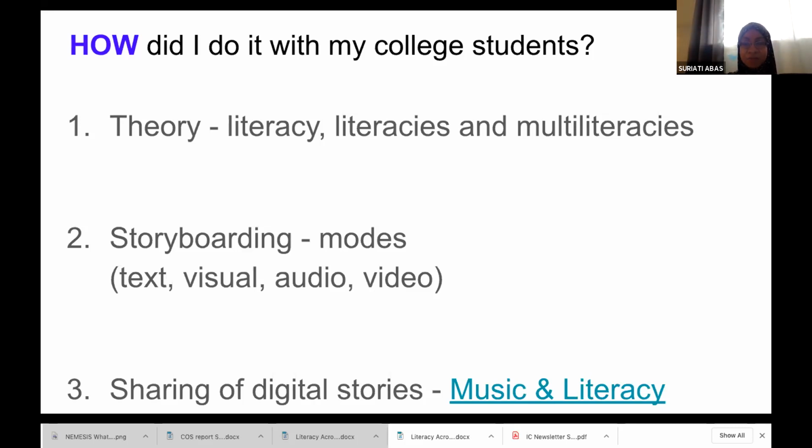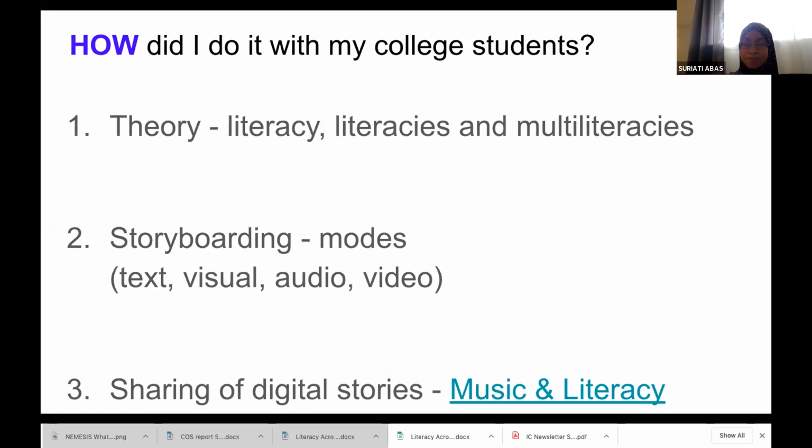But in this particular course, the concept of literacy takes a more expanded approach, moving from literacy to literacies, tapping on multiliteracies, where we look at using multiple modes to engage in meaning making. Those multiple modes involve text, visual, audio, and video.